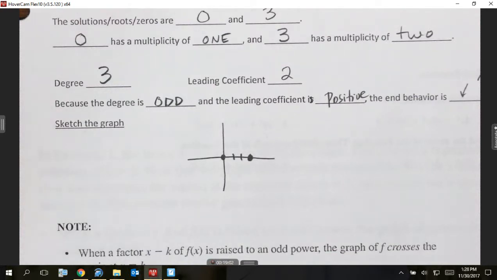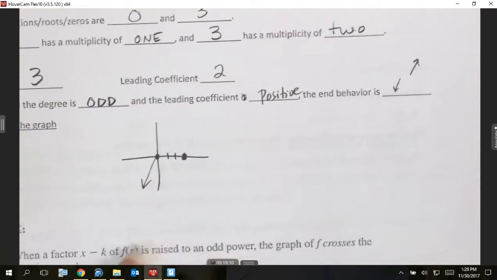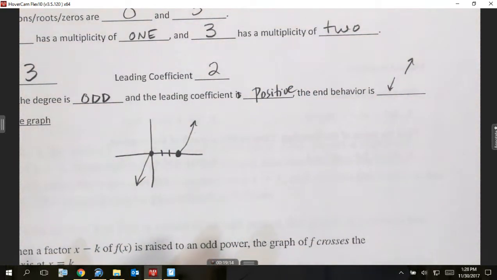I know the end behavior, so I know the very ends of it. The left side is going to go down, and the right side is going to go up, because that's the end behavior. I just have to figure out what goes on in between.